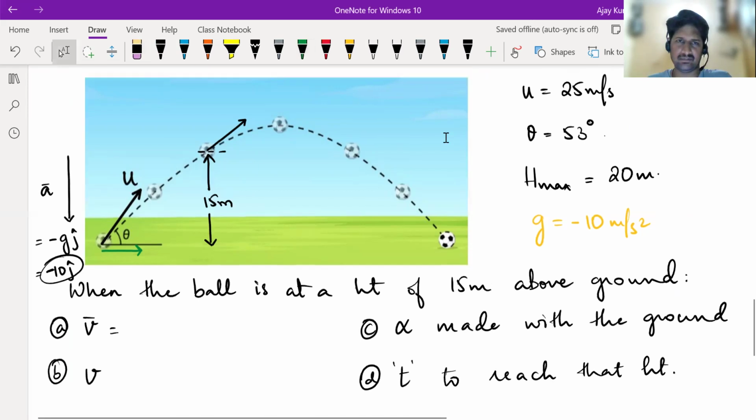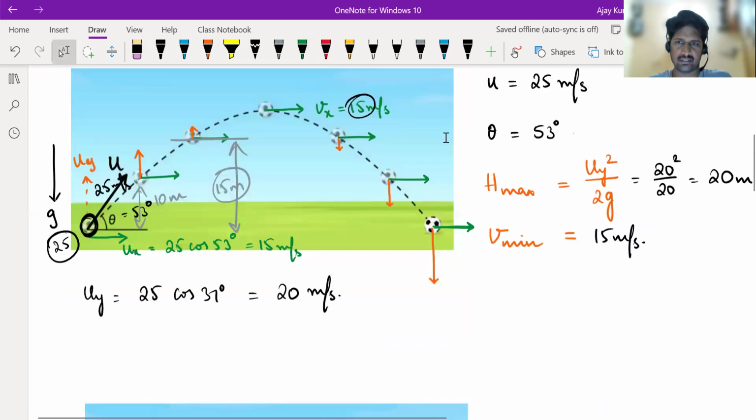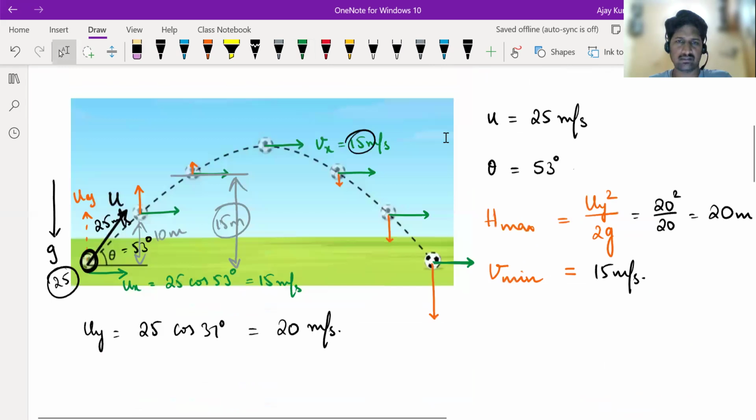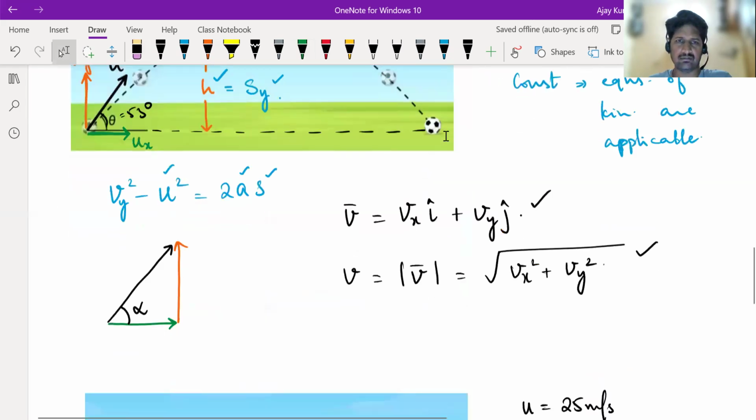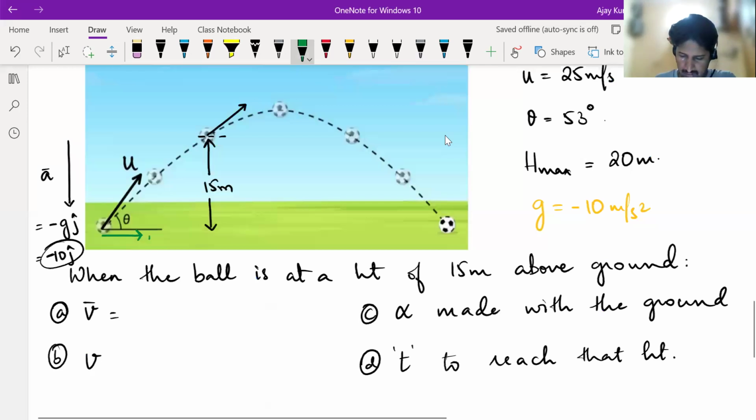See, it's the same question that we took at the beginning of today's class, so we are using the same values. Anyway, this will be 15 i cap, that's the x component, and its y component will be 20 j cap. Did you take the same components or any different components you considered? Same components, sir. Okay, let's see.